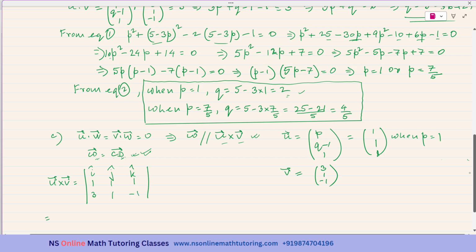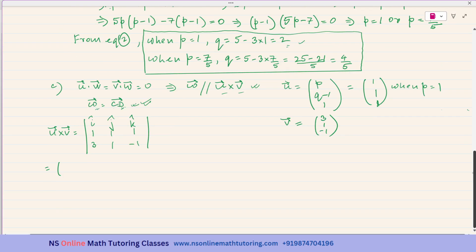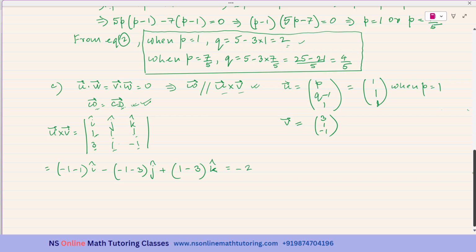So this is equal to 1 times negative 1 is negative 1, and minus 1 times 1 is 1, so minus 1, I. Minus 1 times negative 1 is negative 1, and minus 3 times 1 is 3, so minus 3, J. And plus 1 times 1 is 1, minus 3 times 1 is minus 3, K. That is equal to negative 2I plus 4J and minus 2K.